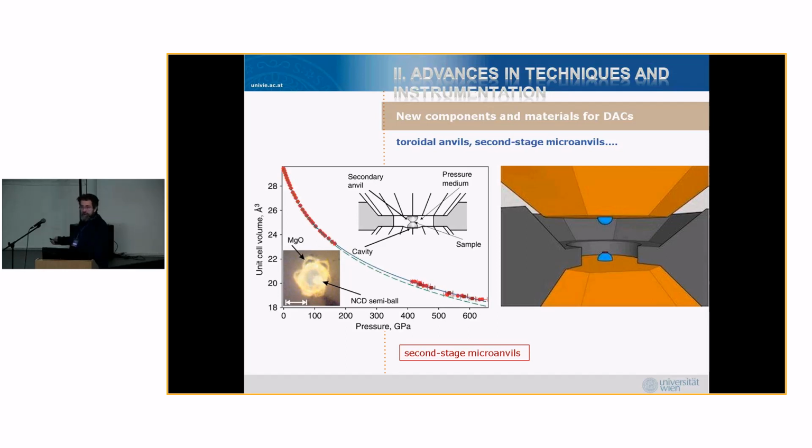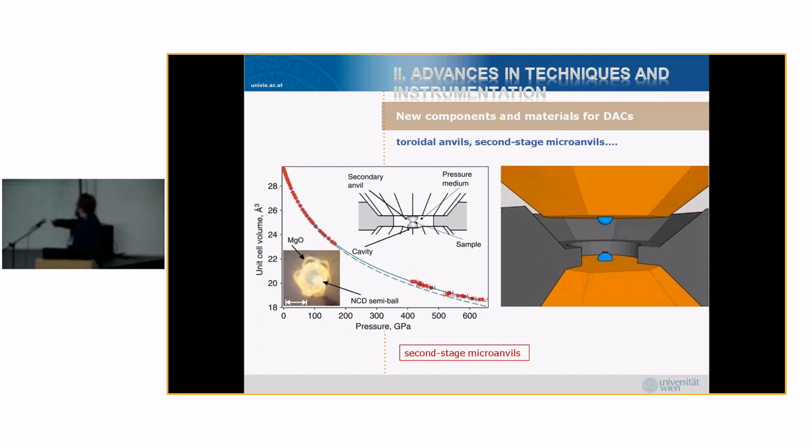So what he has used here is, you see here the blue hemisphere. This is another polycrystalline diamond, a small one, that he just put in the center of the orange anvil, the lower anvil, on the other side as well.